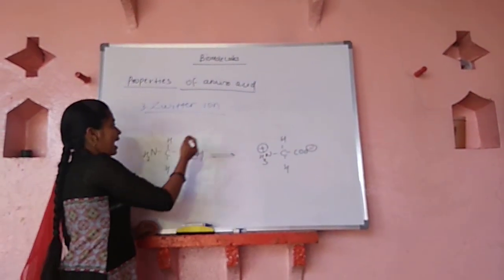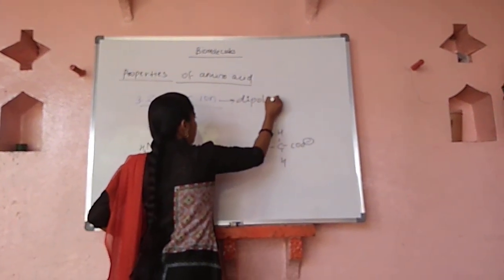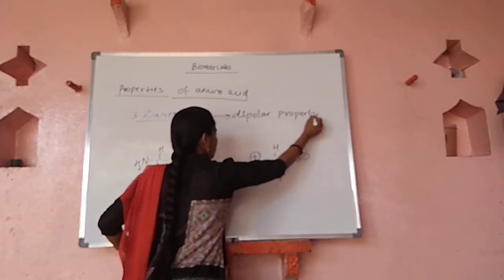Means a Zwitter ion has dipolar property.